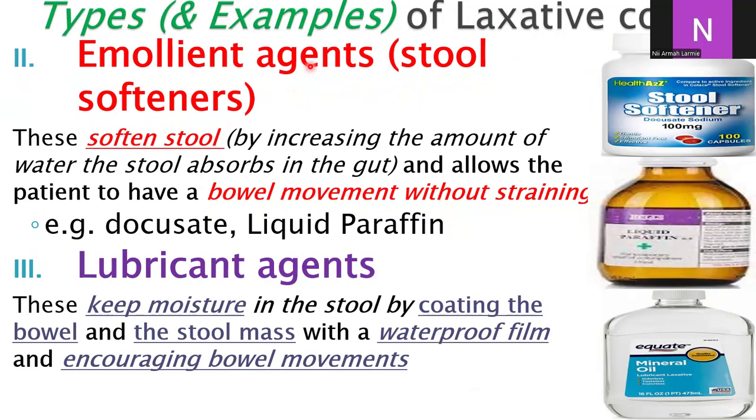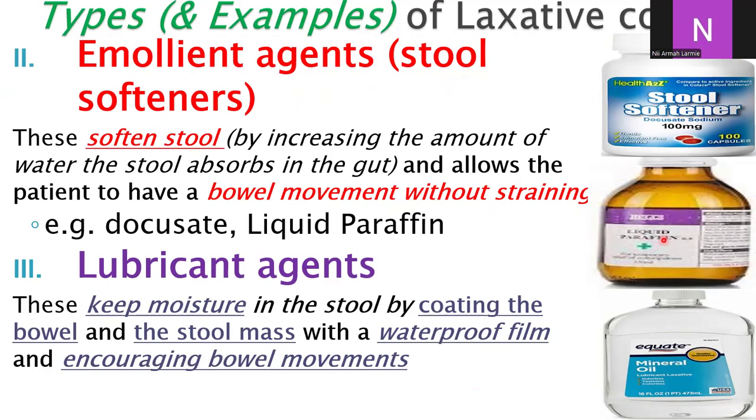Now, once they increase the water in the stool, making the stool softer, then your patient can have free bowel movement without straining. So these are the emollients. Examples are docusate and liquid paraffin.